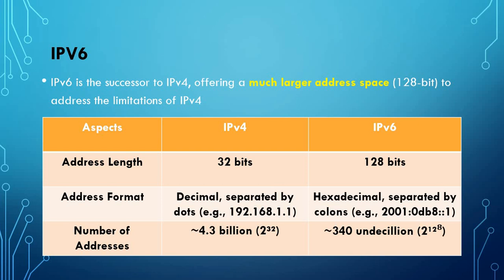IPv4 consists of 32 bits address. IPv6 consists of 128 bits length. So they have different number of addresses. You can see for IPv4, we can say that we have around 4.3 billion IP addresses, and for IPv6, it could provide up to around 340 undecillion.